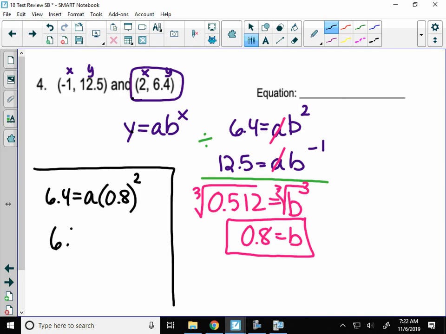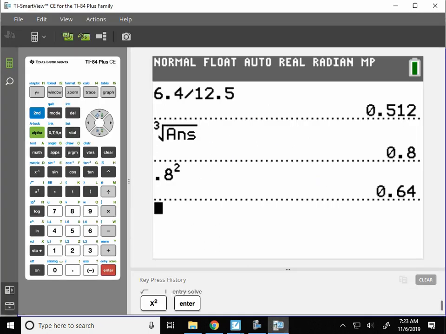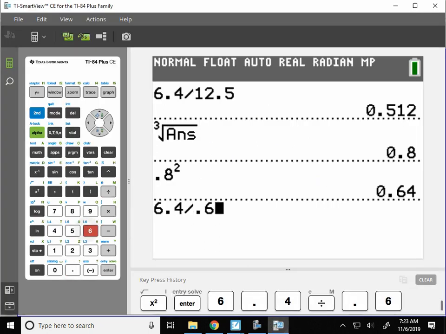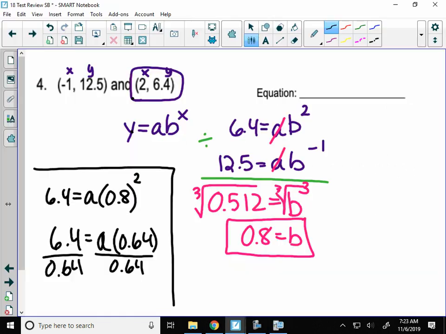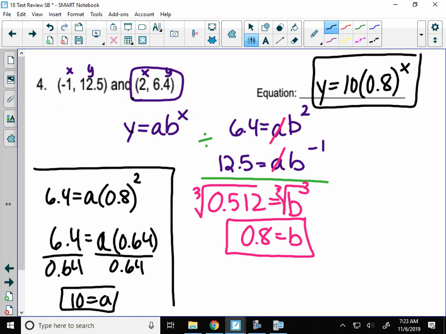So 6.4 equals a times 0.64, and I'll just divide by 0.64. That should give me 10. And that is your starting value. If I know a and I know b, then I can write my equation. y equals 10 times 0.8 to the x. That is going to be exponential decay because 0.8 is less than 1.